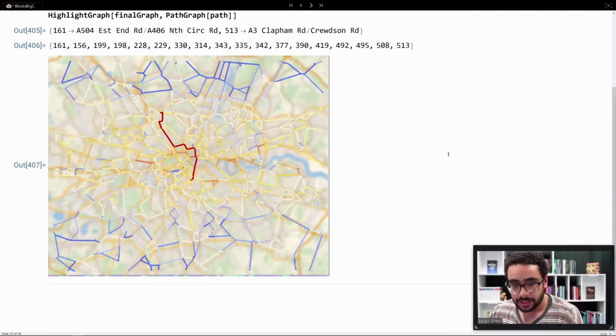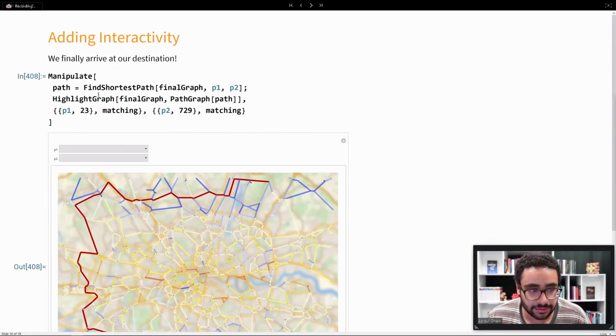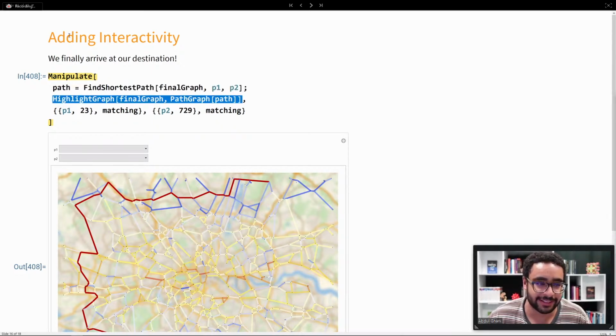So that's great, and we keep running that. But maybe what we want is something that we can start clicking on. Well, there's this thing in Mathematica called Manipulate, which basically lets you specify the expression that you care about. So here we're saying, you have 2 places, P1 and P2, and then we want to find the shortest path in the graph between those 2 places, and the expression that we evaluate is this highlighted graph thing.